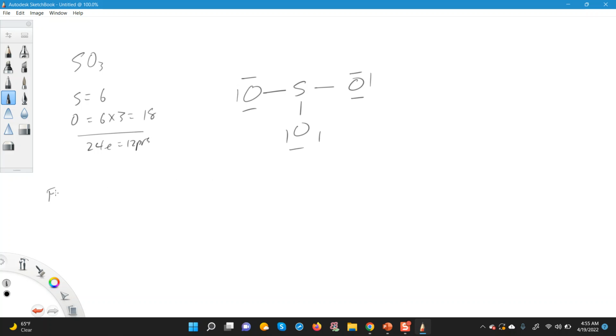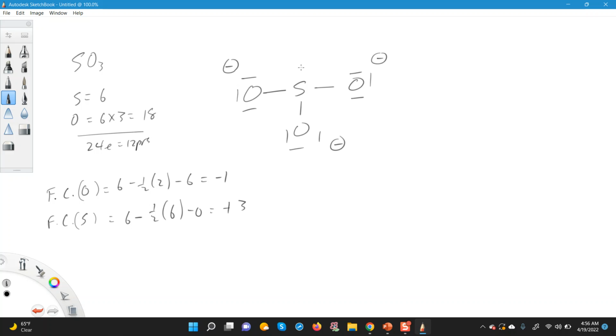Then we calculate the formal charges. In the case of oxygen, that would be 6 minus half of 2 minus 6 equals minus 1. And then in the case of sulfur, that would be 6 minus, hold on, let me see here. Half of 6 minus 0, which would be equal to plus 3. So each oxygen has a minus 1 charge.